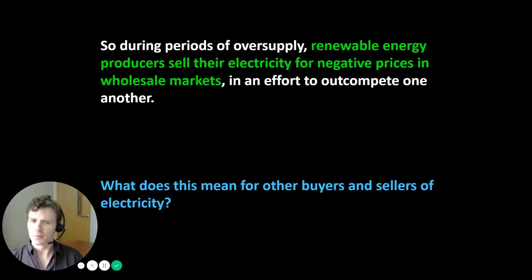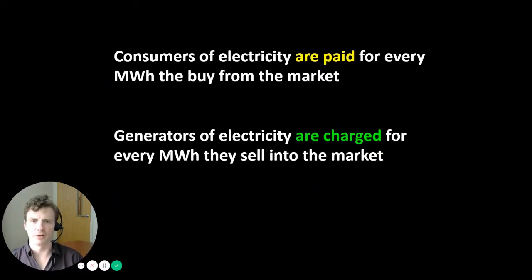So what does that actually mean for buyers and sellers of electricity? Well, it creates a very strange situation where customers or consumers of electricity on the wholesale market are paid for every megawatt hour they buy from the market. And generators of electricity are charged for every megawatt hour of electricity they sell into the market.